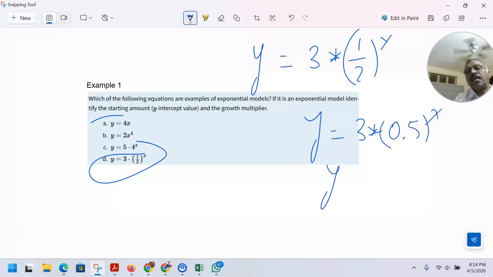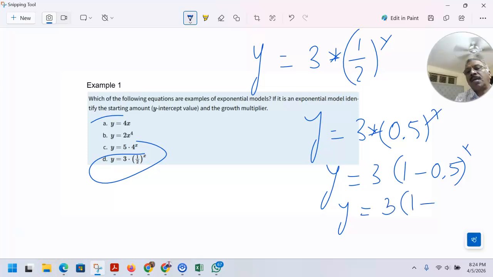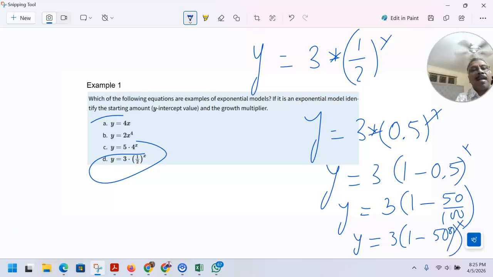We can also write this as 1 minus 0.5, just to show what percent it decreases. So this is 1 minus 50 divided by 100. I can always write this as 3 into 1 minus 50%, raised to x.